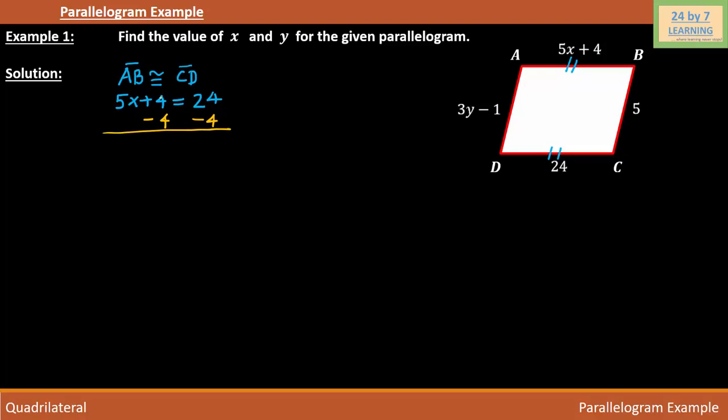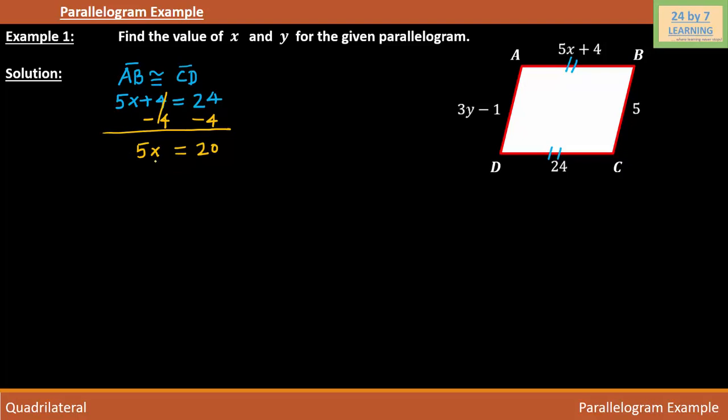On the left hand side, 4 minus 4 cancels out because one is positive and the other is negative. On the right hand side, 24 minus 4 is equal to 20. On the left side, the only thing left is 5x. Now we need to find the value of x, so we need to get rid of this 5.